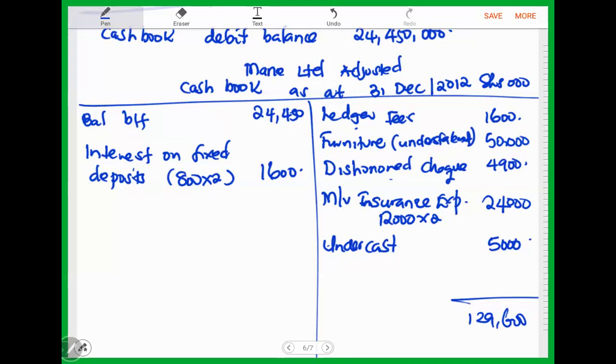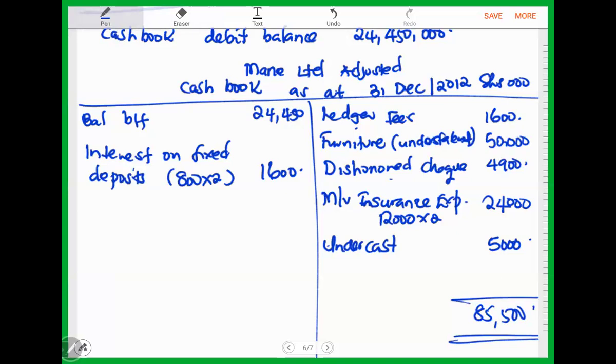I had put a wrong one. I had put 49. It is 4.9. So it is 85,500, right? Is it what you members have?